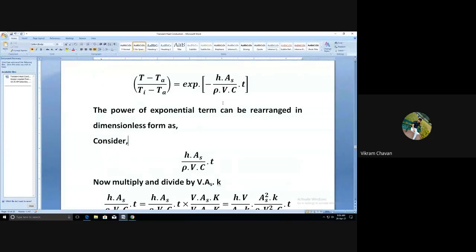Consider the exponential term, the square bracket we are going to consider. Consider h multiplied by A suffix S divided by rho VC, whole multiplied by t.